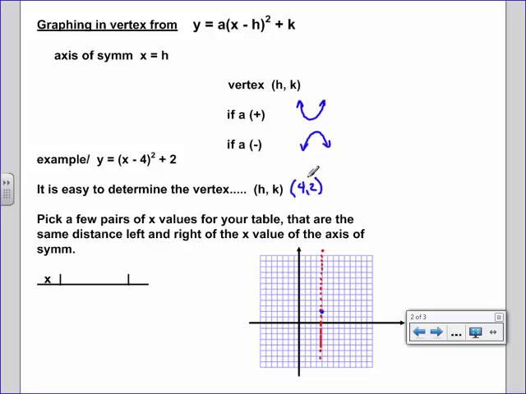And we'll do what we learned in the last section as far as picking out points that are equidistant left and right of the axis of symmetry. So I'm setting up my table with my calculation area to find y. So I just put in my function, quantity x minus 4 squared plus 2.